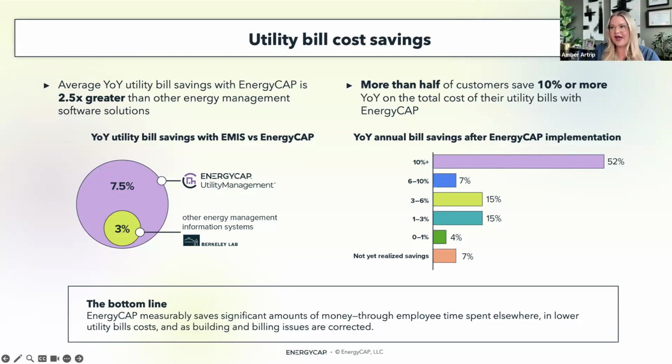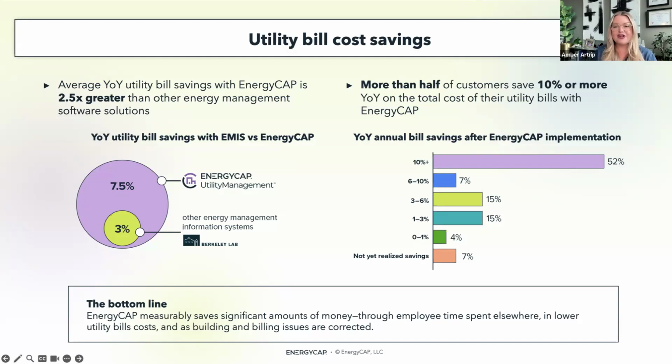A vast majority of different types of industries and organizations participated in the study. The study was funded by the Department of Energy. And at the end of the study, the result was that on average, organizations see about 3% in energy cost savings annually after implementing an EMIS.